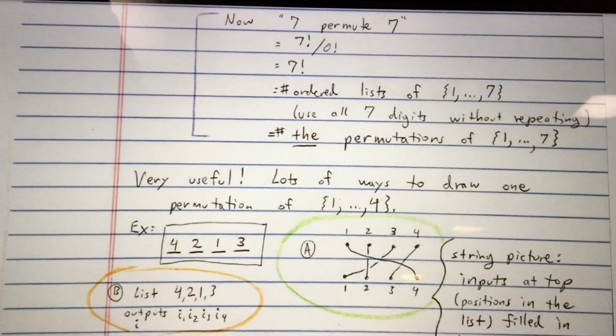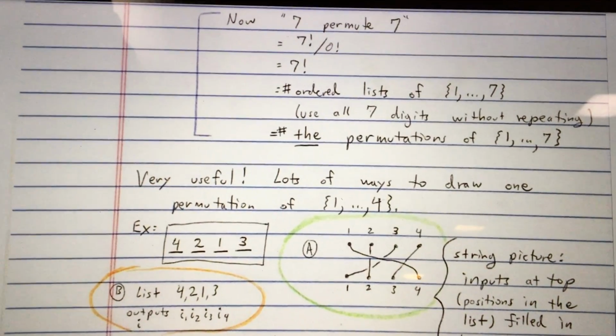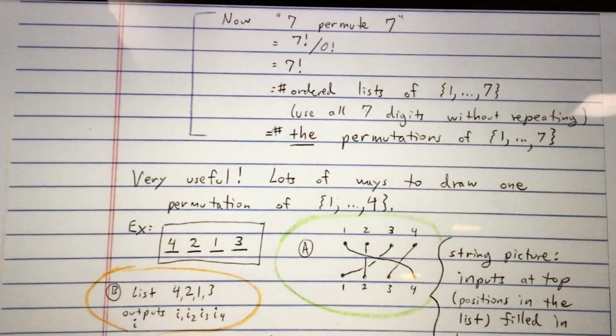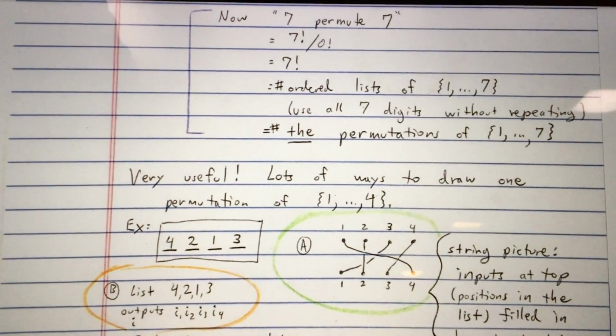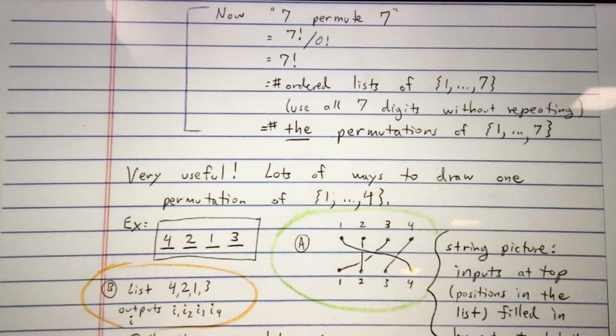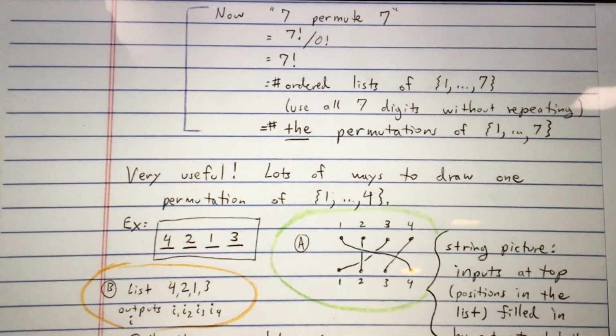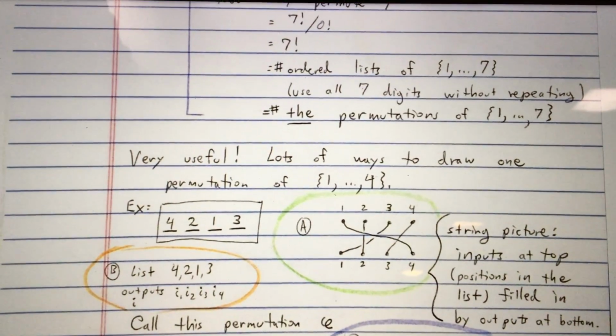So here's why they call them outputs. You can think of it as filling in for the number 1, the first blank, any of the other numbers. First, a string picture of that. That's the one I called A over here. And it shows inputs at the top, 1, 2, 3, 4. And those are the positions in the list.